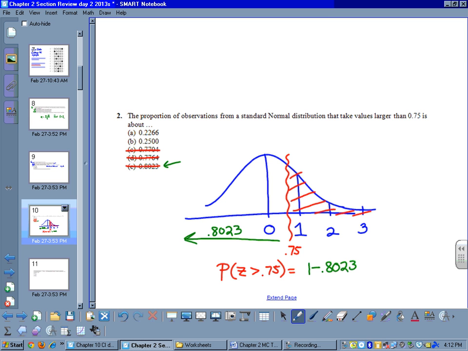And when you do that, we end up with 0.1977, which is not an answer that we have.